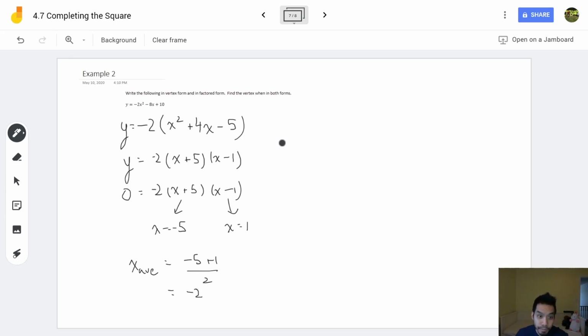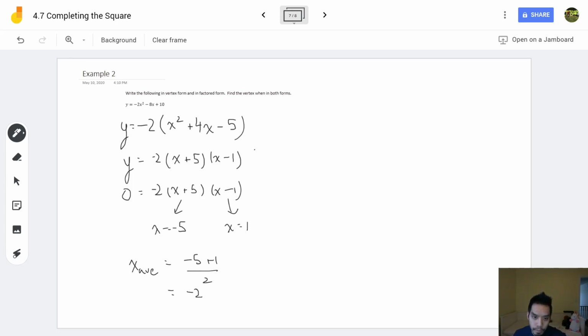And so now, to find the actual vertex, we can plug it back into the original. But I'm going to do something a little bit different for you guys. You can remember that this original standard form equation is equal to this equation as well. So I can actually plug it back into the factored form of the equation.